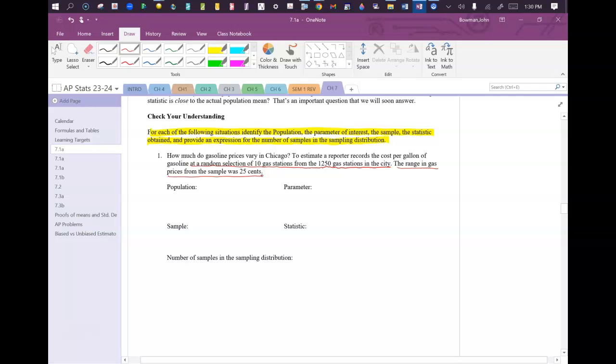So the population is all 1,250 gas stations in Chicago. The parameter that we're interested in is the range of prices for gas. The sample was the 10 gas stations.